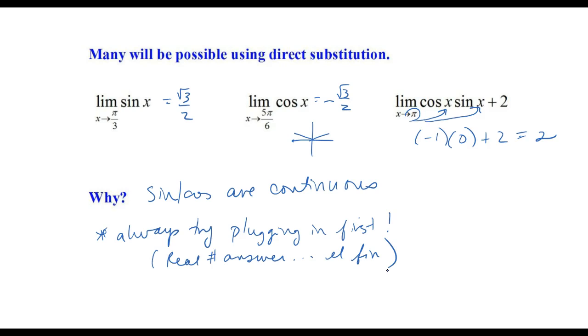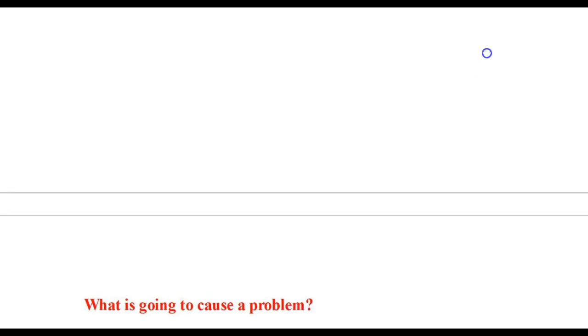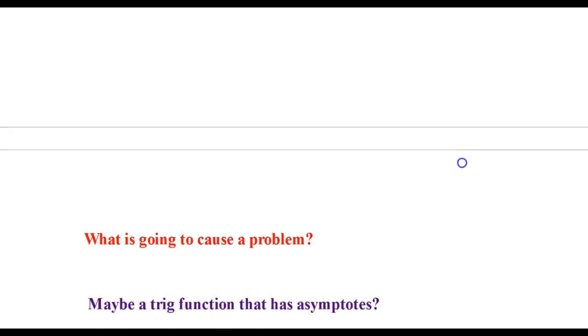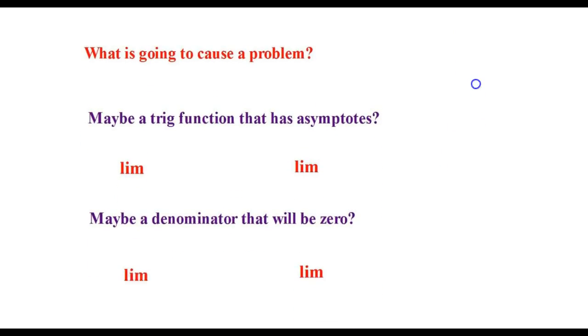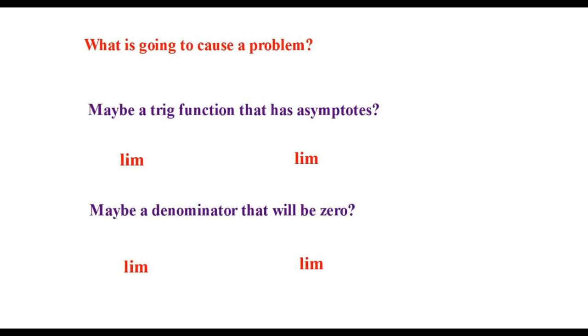Okay, so let's talk about some areas then where maybe it doesn't work out so nicely, or maybe areas where you know that it's going to be discontinuous. Okay, so here are the two things that I thought about for causing a problem.